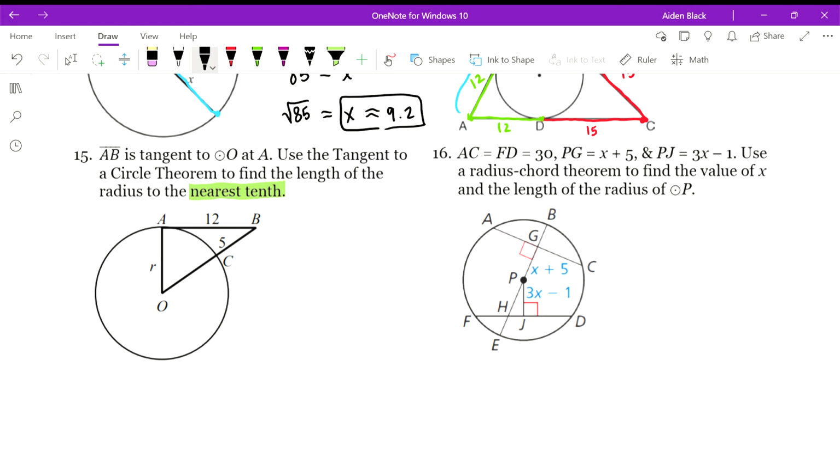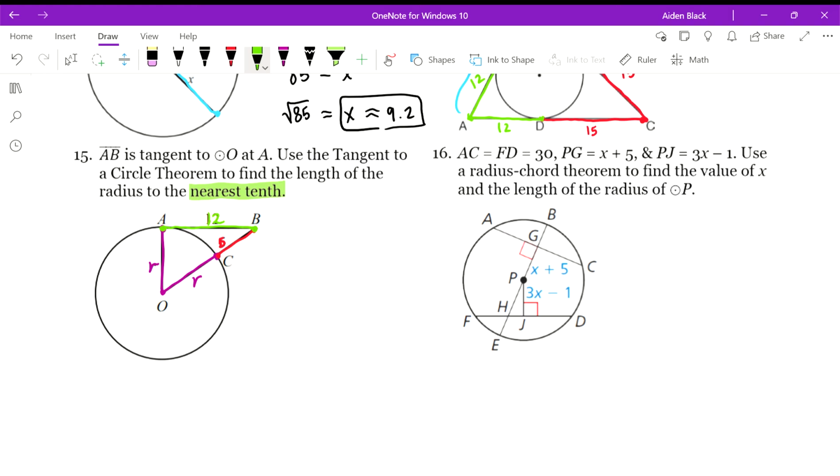So use the tangent to a circle theorem to find the length of the radius. Well, we know, and this was actually one of the quiz problems, that these two segments are both radii, because they go from the center to the edge of the circle. We know that BC is 5 and that AB is 12.